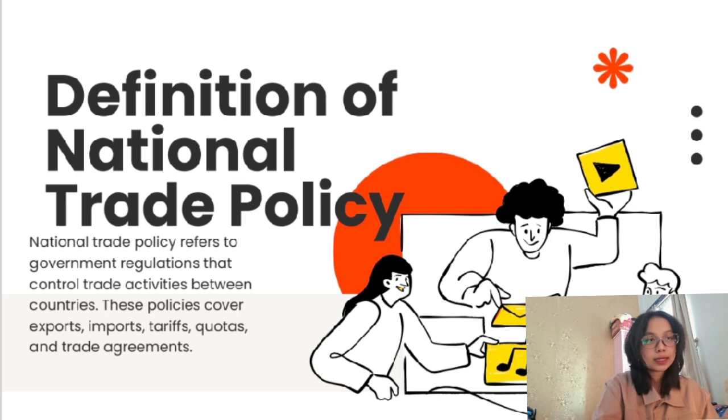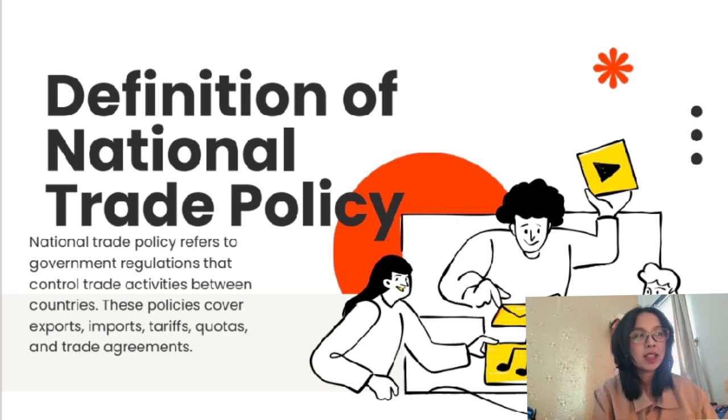National trade policy refers to government regulation and action that control trade activities between countries. These policies cover export, import, tariffs, quotas, and trade agreements. Governments use trade policy to influence the movement of goods and services in order to support national economic goals.